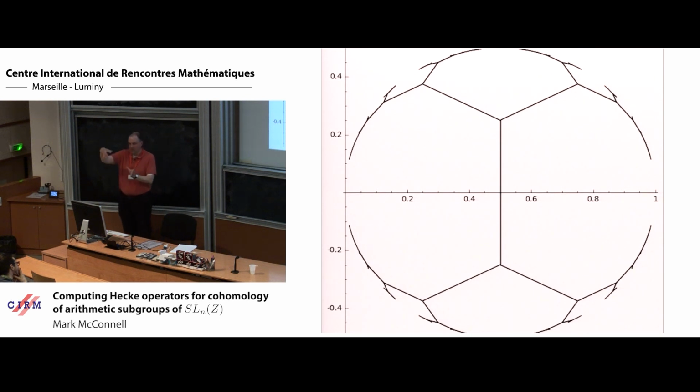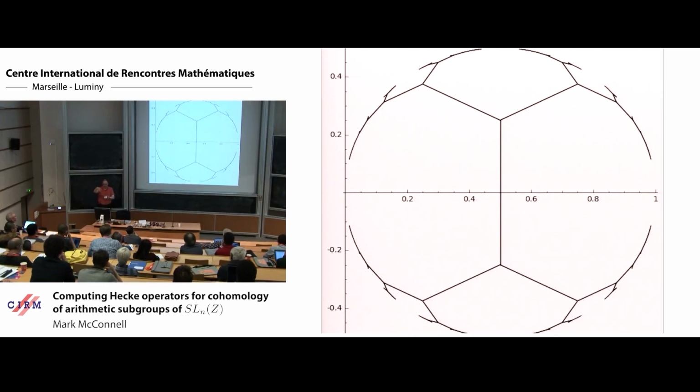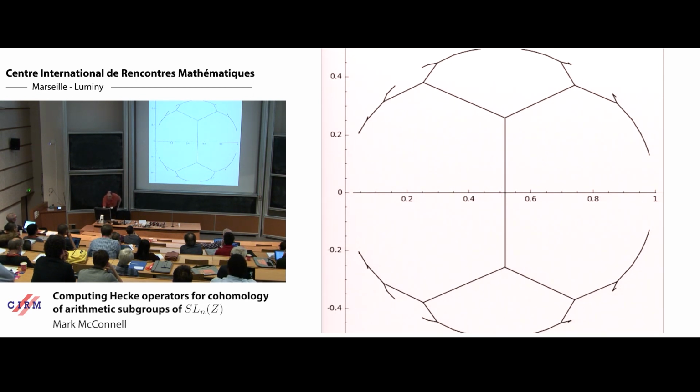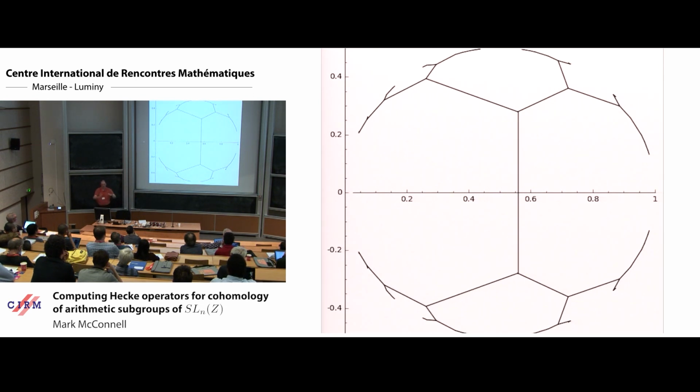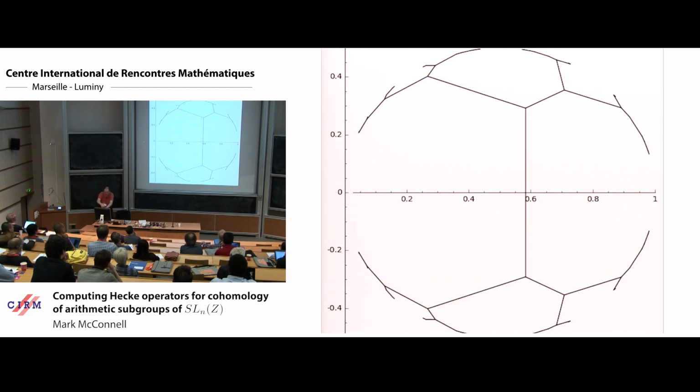That's a picture of the standard well-rounded retract in the Poincare disk model of the hyperbolic plane. And I'm going to vary t in some small discrete steps. So you see, in the Poincare disk model, I spoke about the matrix 2, 0, 0, 1 that took the central arc up. Here it's taking it to the right, keeping it straight because it's a different model. You see how the others vary.